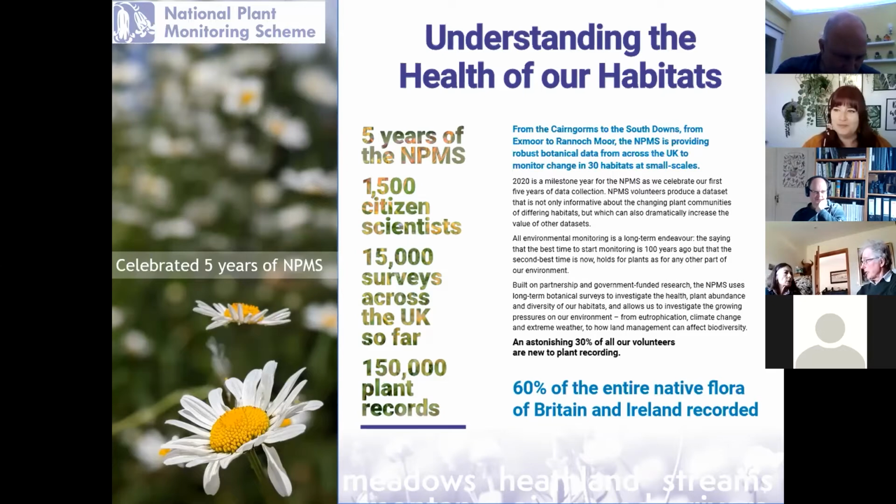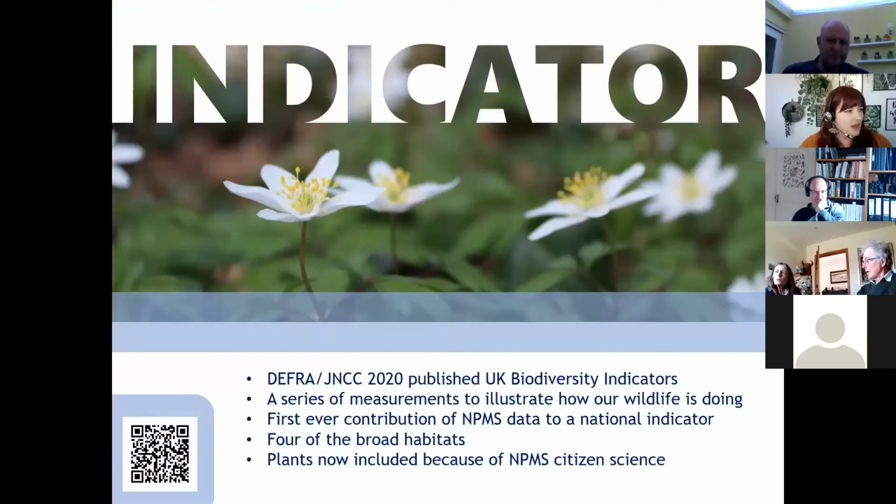Thanks, Sarah. No worries. So another major achievement last year, which you may have heard mentioned with Rachel, is the experimental indicator that was released. At the end of last year, DEFRA and the JNCC released their UK biodiversity indicators. These provide an annual view of how a variety of groups of wildlife and other indicators of action for biodiversity conservation have fared across the UK in recent years.